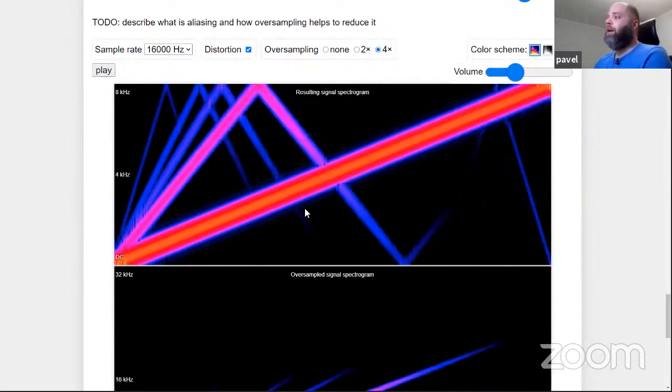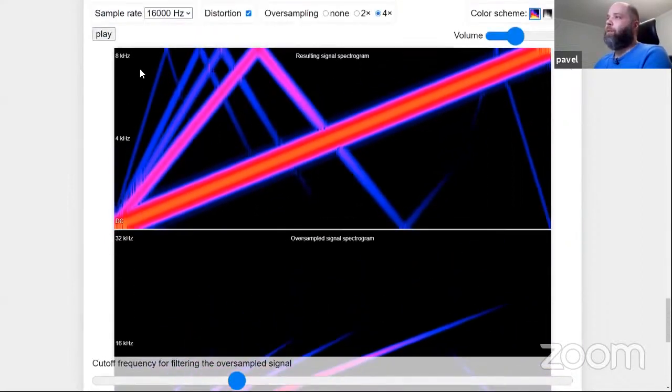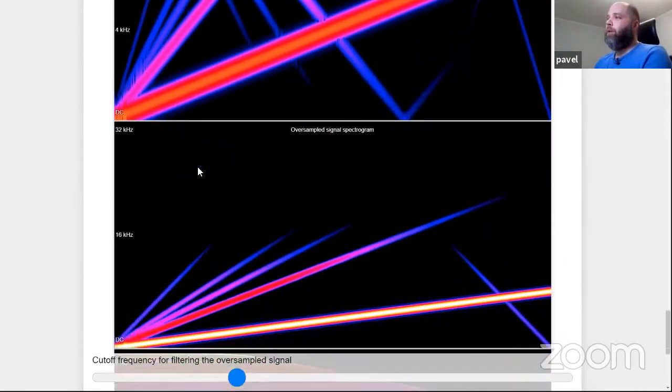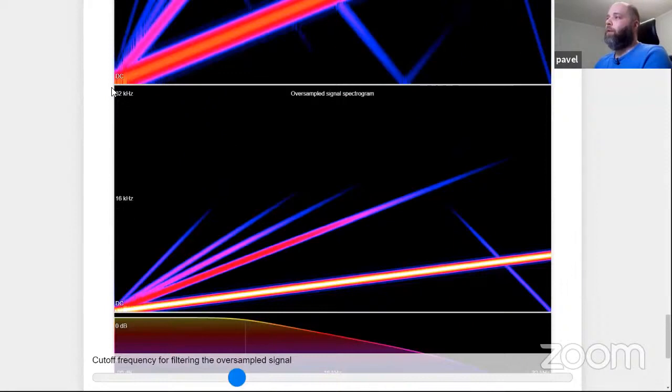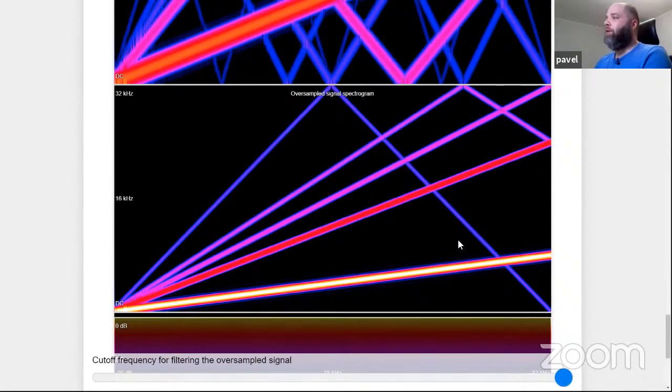What we can do is use oversampling with a higher factor. So we oversample 4 times: our Nyquist frequency was 8 kilohertz, sample rate 16 kilohertz, and we multiply everything by 4. Now we have a Nyquist frequency of 32 kilohertz, and this is the original non-filtered signal processed with distortion.